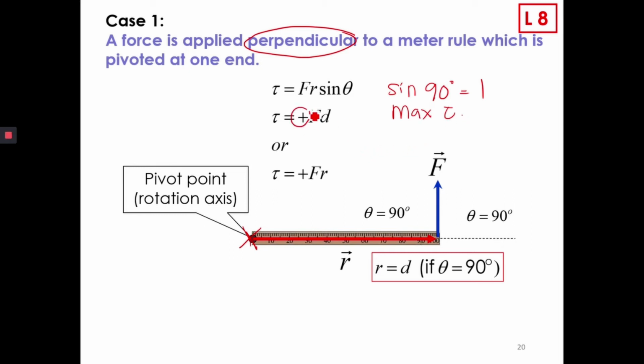Now, how to determine the sign convention? You have to imagine when you pivot at one point, then you apply force here. Now this meter rule will rotate anti-clockwise. When you apply force upward, it will rotate anti-clockwise. Anti-clockwise is a positive torque. So you have to put your positive here.